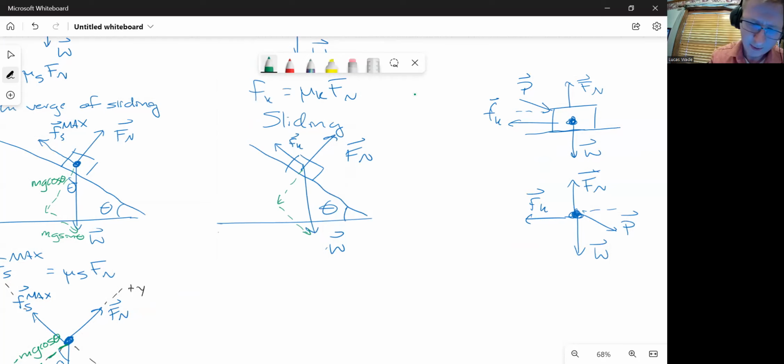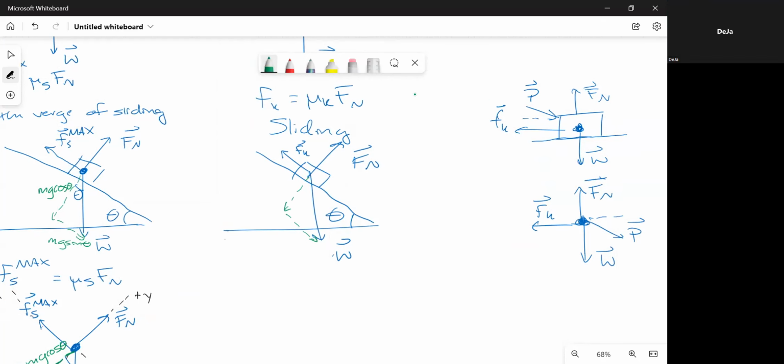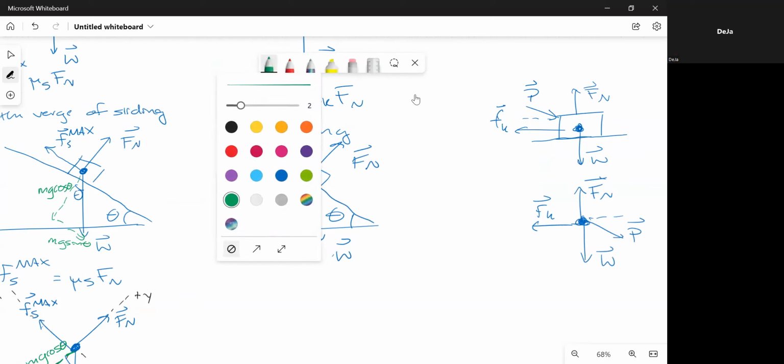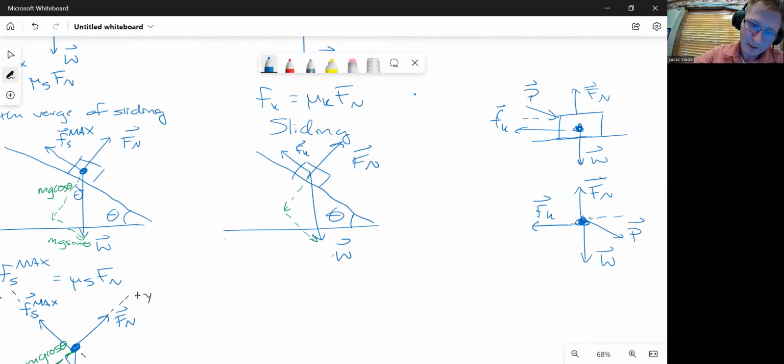Could you repeat that? When you said if someone had a rope pulling it down the ramp, there would be another force, what force would that be? If someone's pulling with a rope down the ramp, a rope transfers a force through tension. That should really be down the ramp, I just didn't draw it quite parallel.